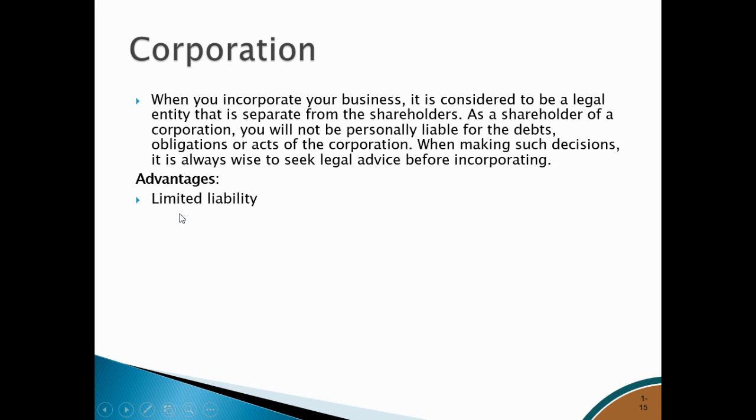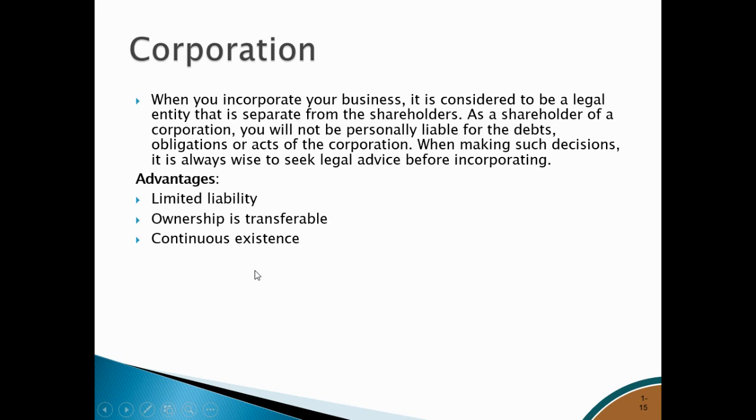So that's the advantage. Ownership is transferable. Let's say you're the shareholder, you can transfer the shares to your spouse, your children, your parents, or your grandparents, transferring the ownership. So that is an advantage.